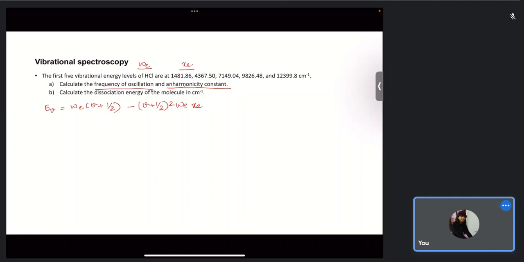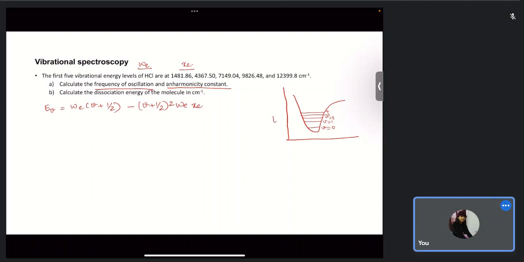Okay, the other thing is, in case of anharmonic oscillation, if this is V equal to 0, V equal to 1, 2, 3, 4, you can see the energy gaps going lower.